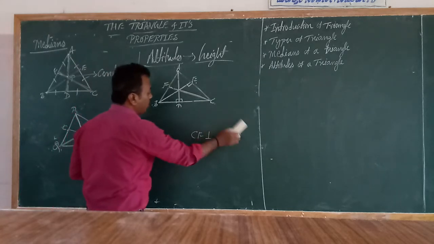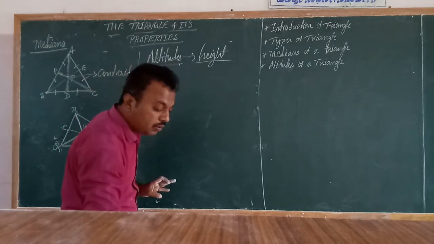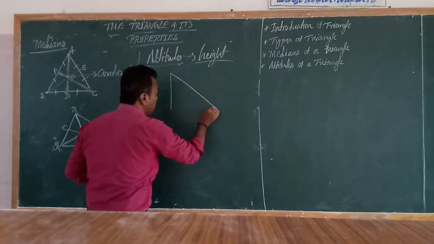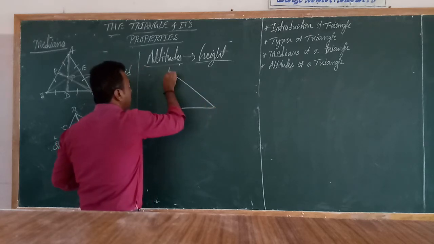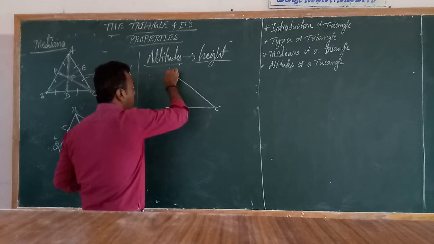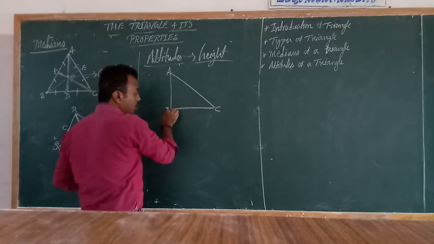So I will take one more example. This was the acute angle triangle. Now a right angle triangle, ABC. From the vertices you should draw the perpendicular altitude to the opposite sides of the triangle.